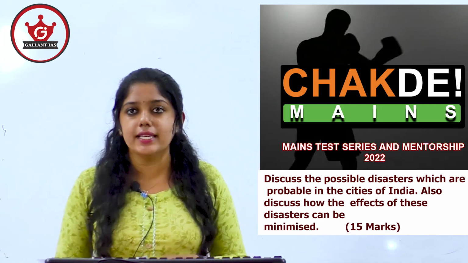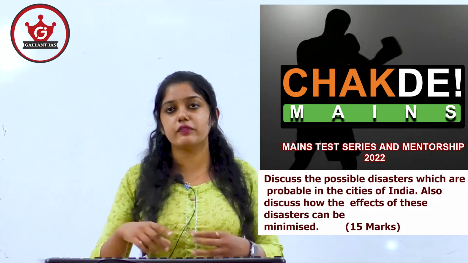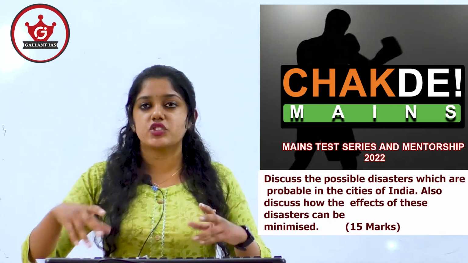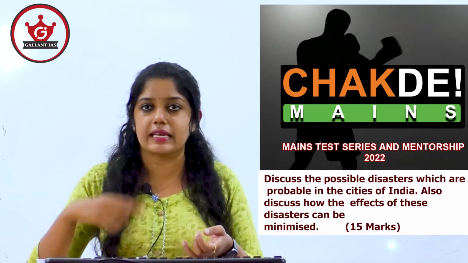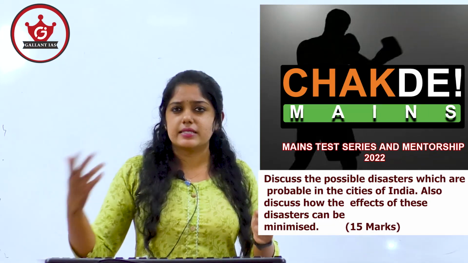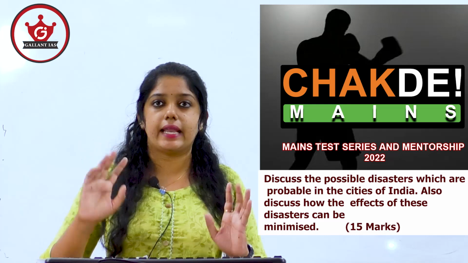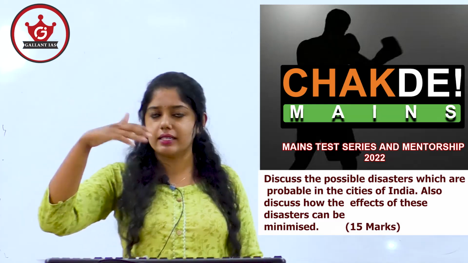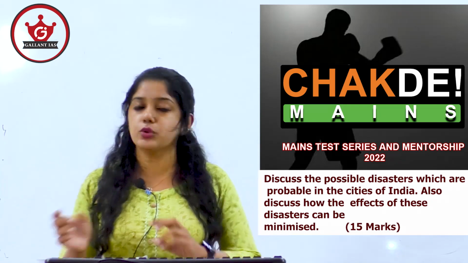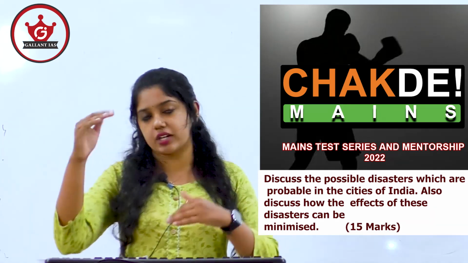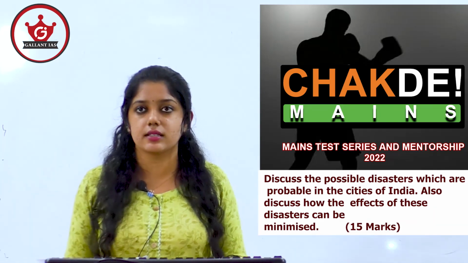And coming to the body, see, possible disasters: what I found out is that aspirants just go and write about the disasters. For example, they write cyclones, floods, drought, groundwater poisoning, nuclear attacks, biochemical attacks. They'll write all these in a lucid manner. So you don't do that. You have to structure it. How can you structure disasters?